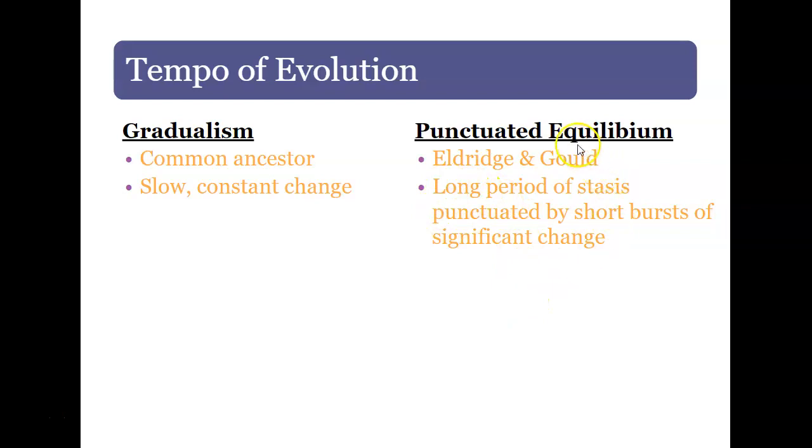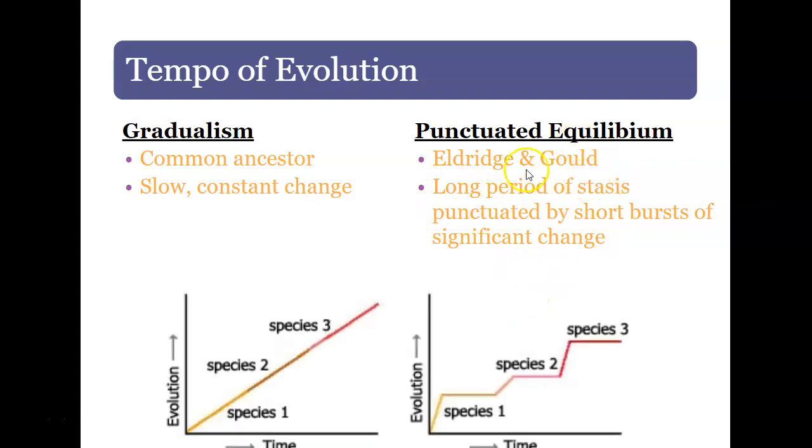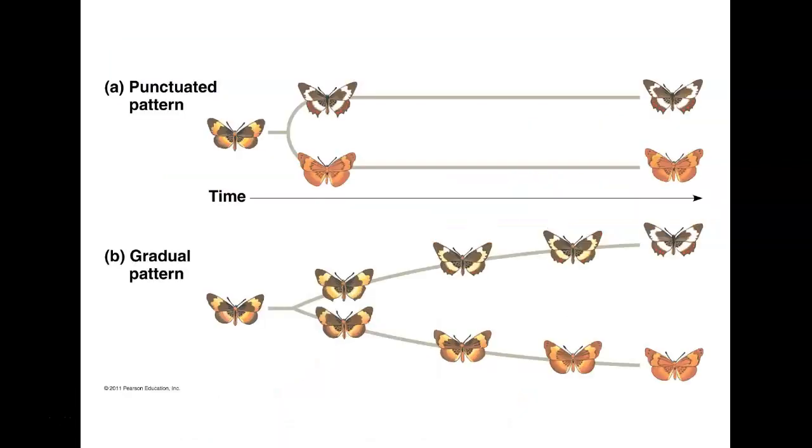So that's where the idea of punctuated equilibrium comes in. There might be a long period of stasis, and then it's punctuated by these short bursts over a short amount of time. So some kind of change in the environment maybe then caused a dramatic shift, and then it stays kind of the same for a while, and then there's a dramatic shift.